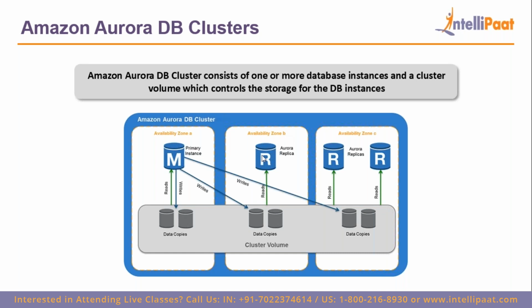Now when you create a database cluster, let us consider these replicas are not created. You created one DB cluster, and there is one primary instance created in availability zone A, and you will be given these 6 data copies in 3 different availability zones, even though you don't have any database instances in the other availability zones.